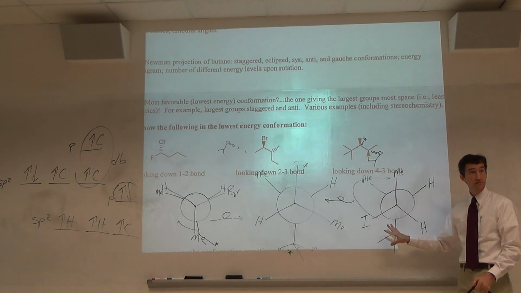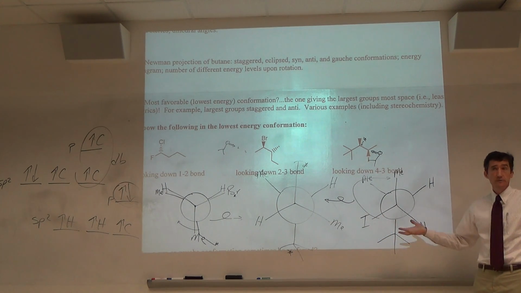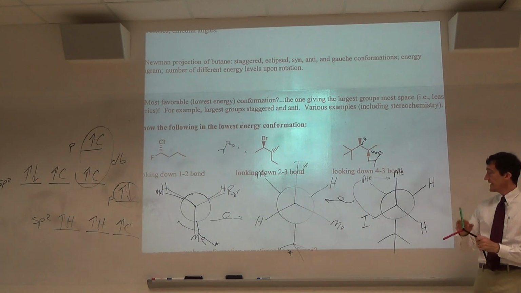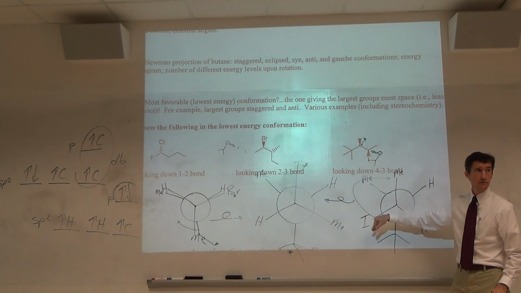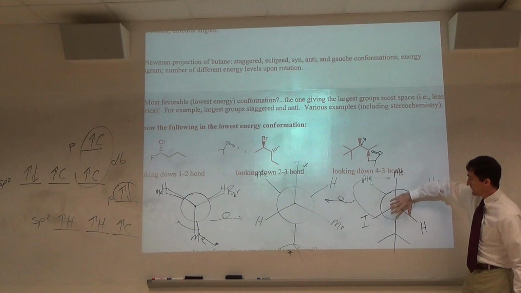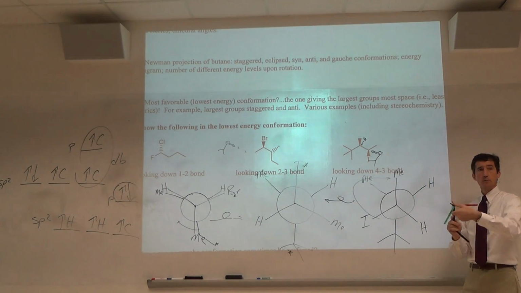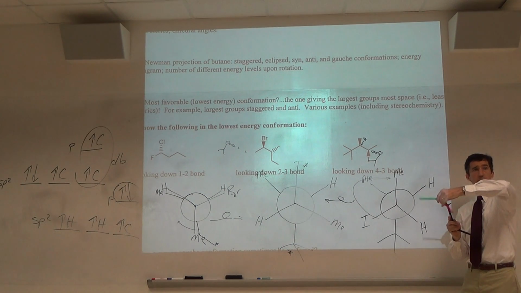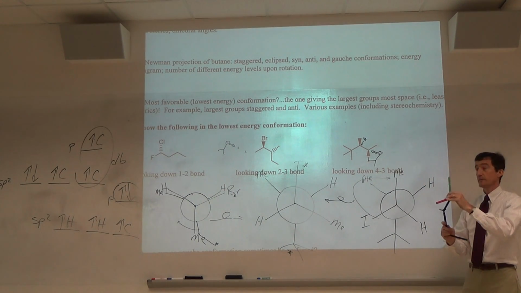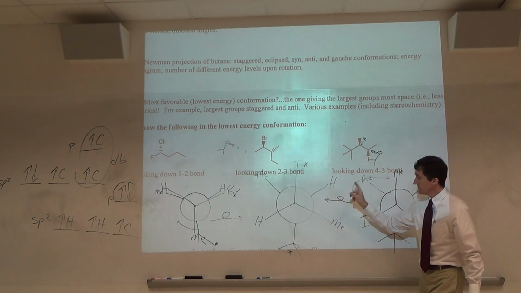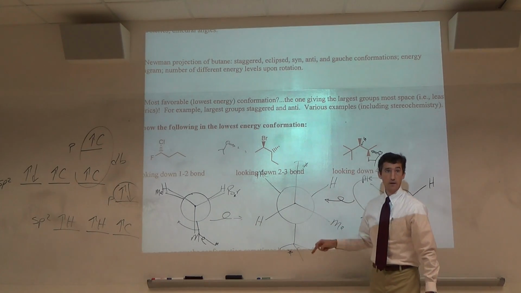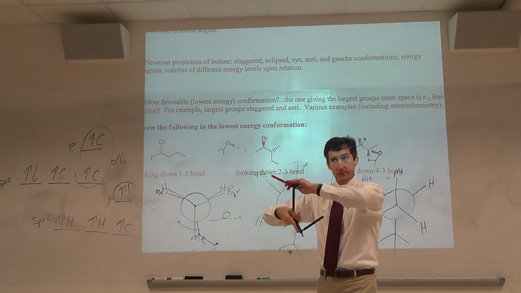Here they're gauche, okay? Is that how it's going to predominantly exist? Or is that iodine going to want to move away from there because of electron repulsion? That front carbon, okay, pretend this is it. That iodine is going to want to move away from there and it's going to rotate more up, away from that back group. When it rotates up, now we call that anti, and that's how it's going to exist.